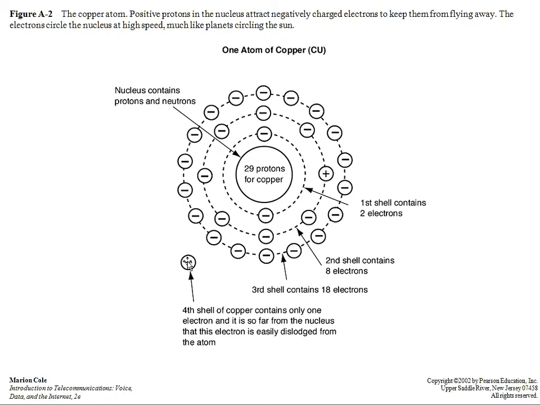What this means is this negatively charged electron can be easily coaxed to move when we apply a potential source, a source of potential energy, like a battery, to both ends of the copper wire, and we can actually get these electrons to move through the copper.